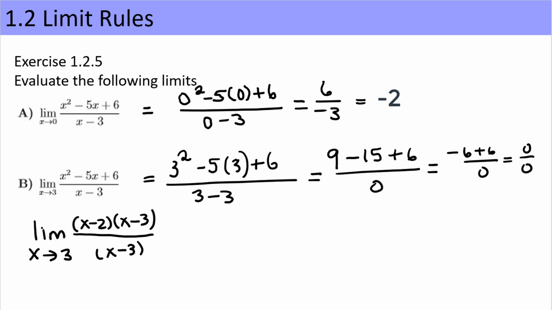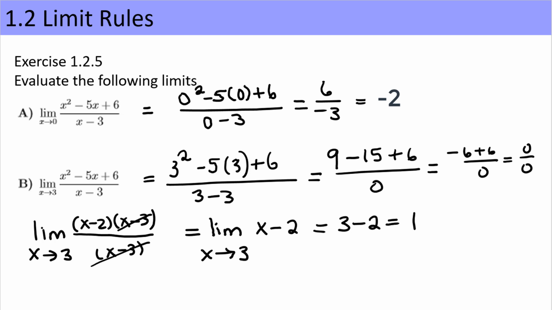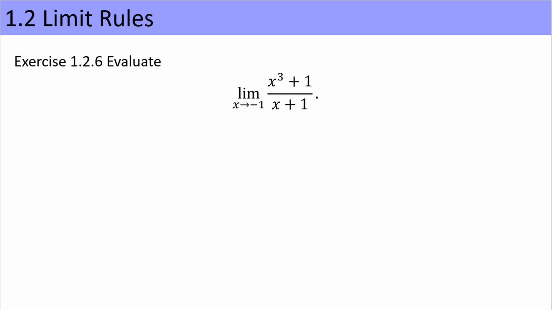The x minus 3 in the denominator and the numerator cancel. Now we want the limit as x approaches 3 of the remaining numerator, which was x minus 2. Plugging in the 3 for the x, 3 minus 2 equals 1.